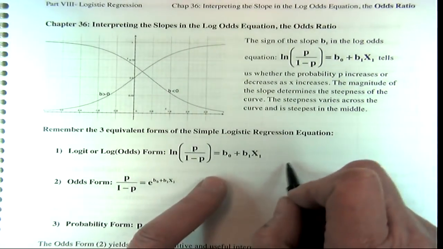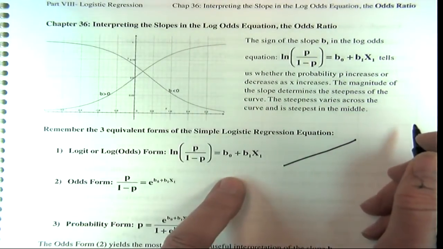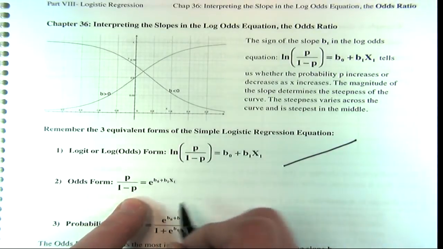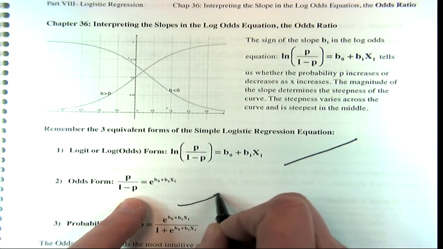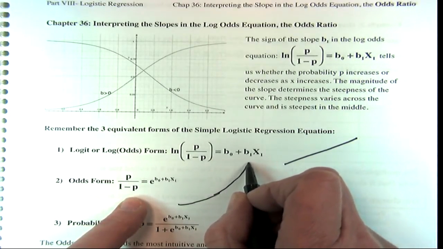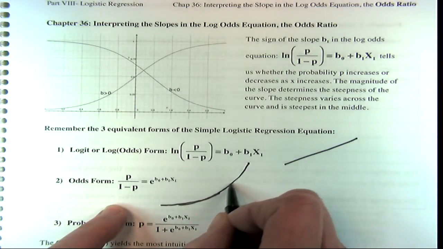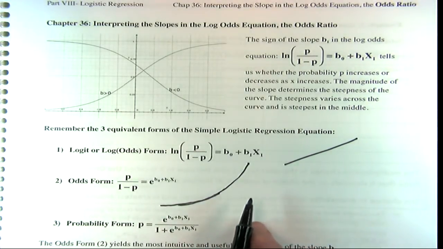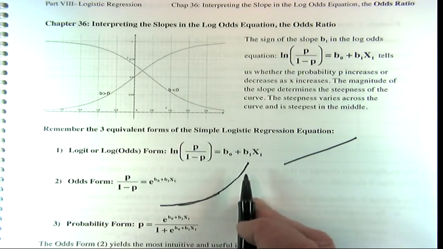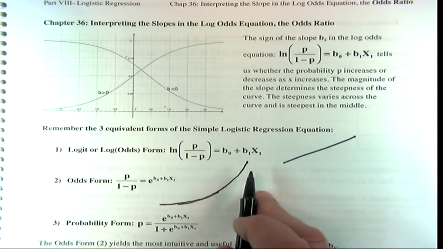It's a line. And here you have this curve like this. All right. So here, the odds change by a fixed multiplicative factor.